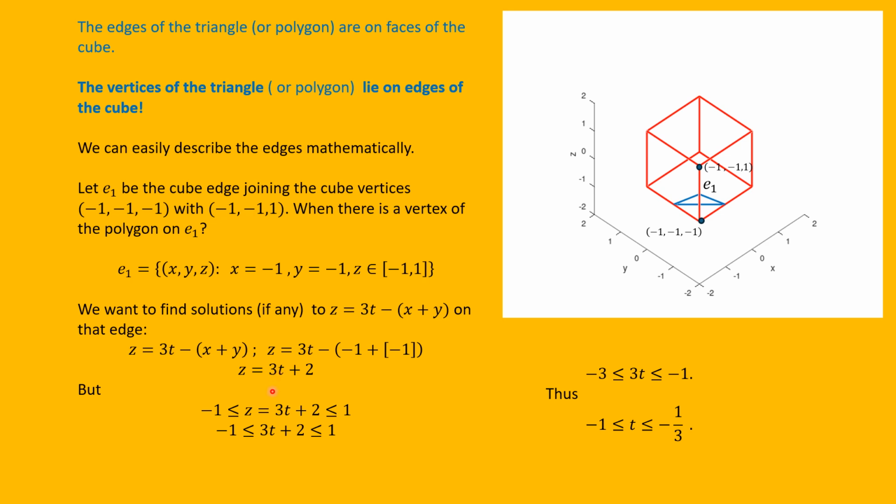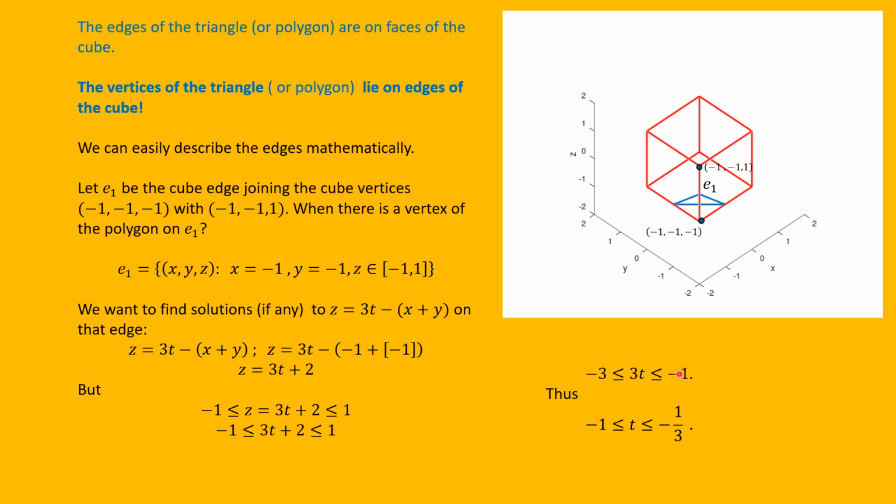But let's remember that z has to be between minus 1 and 1. So that says that 3t + 2 is between minus 1 and 1. If we subtract 2 all the way through these inequalities, we get minus 3 is less than or equal to 3t is less than or equal to minus 1.